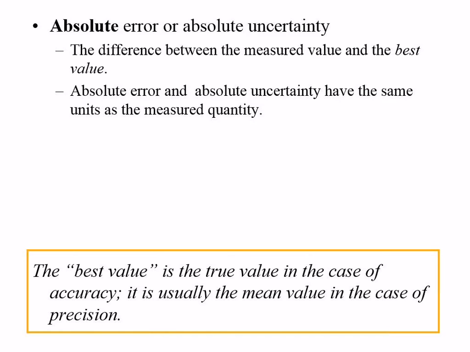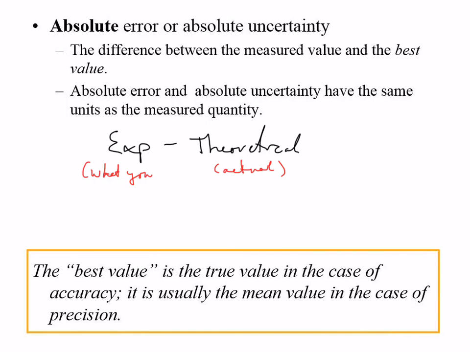But let's see, I'll put EXP for your experimental value minus, I'll put the theoretical value. The theoretical value is the actual, and experimental is what you got. Now it could be an average of what you got, but it's basically what you got.